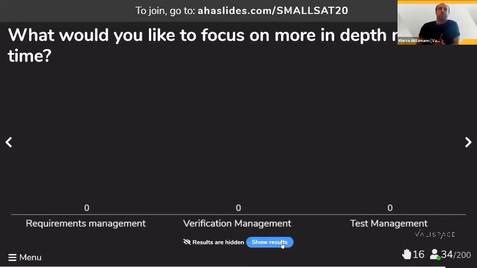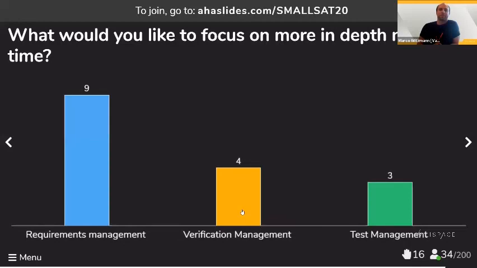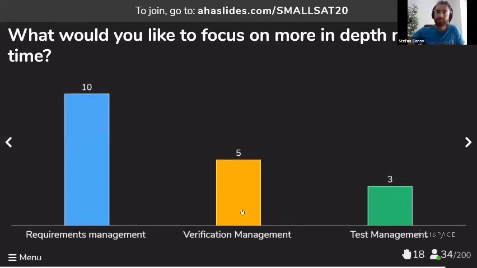Stefan, I think you have to click on show results. Yeah. Okay, so requirements management so far seems like the one topic that we should probably expand a bit further on. It was also clear that we could have spent quite some time on that.